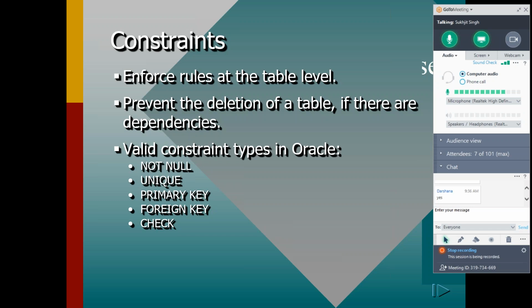Once you have done the create table statement, meaning you have defined all the column names, column data types, and so on, then at the end of the create table statement, you generally can provide the set of constraints.